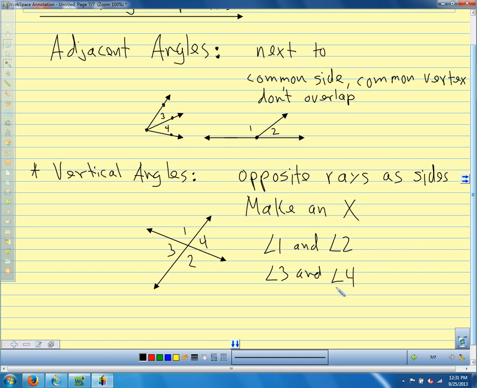Even though they're not vertical from each other, we can still call them vertical angles. The way I usually think of vertical angles is they're across the X from each other. Angle 1 and 2 are across the X, angle 3 and 4 are across the X. So we have two straight lines, opposite rays that make their sides, and they're across from each other on the X. We'll use vertical angles for lots of things in geometry.